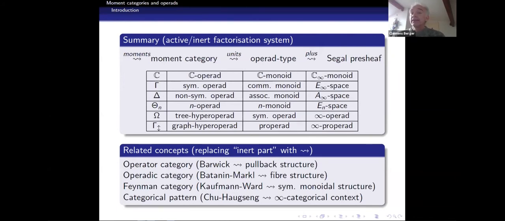So it is really a very similar concept, and this concept is due to Hongzhu and Rune Haugseng. I won't have time to explain exactly how to pass from moment categories to these already existing concepts, but there is really a very close relationship.